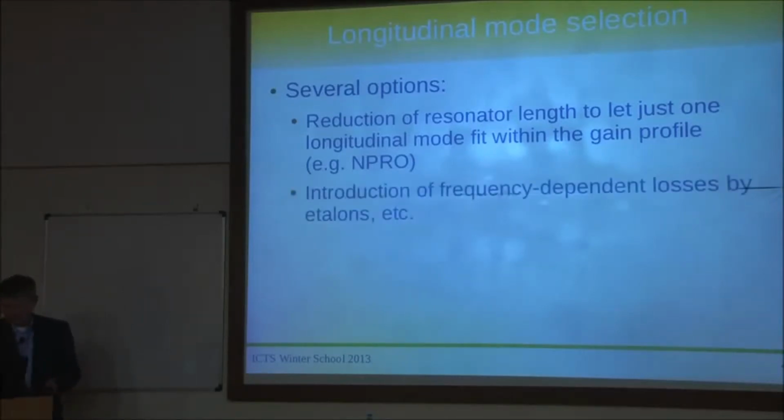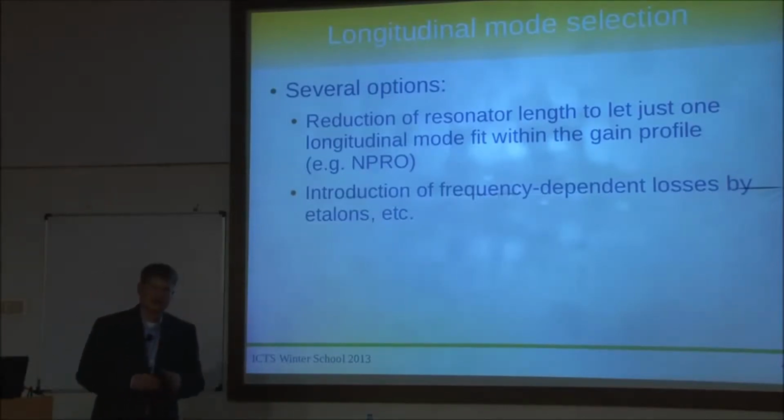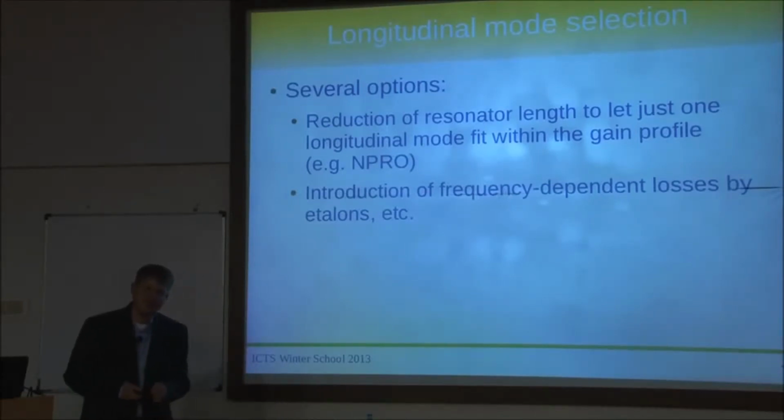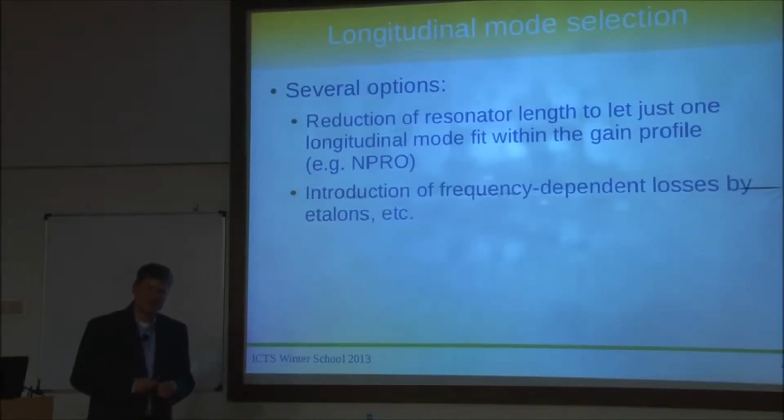Another option would be to introduce frequency-dependent losses, for example, by an etalon. That's basically a thin glass slide which works as a cavity, and of course you have a certain transmission condition: you want to have multiples of the half wavelength be the thickness of that slice.